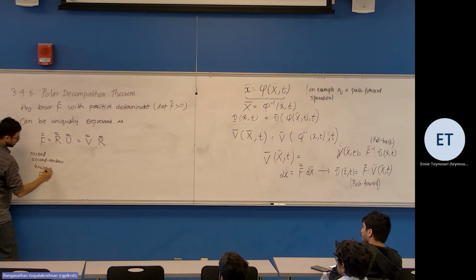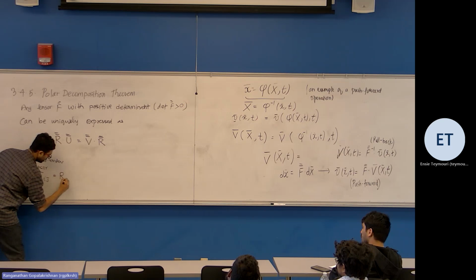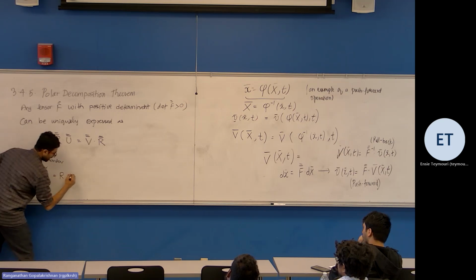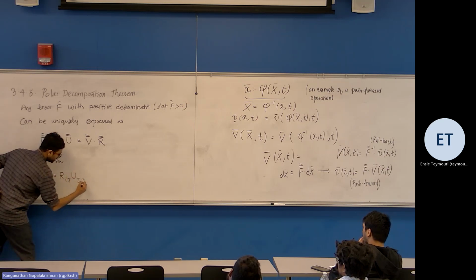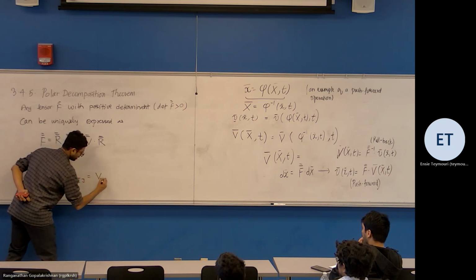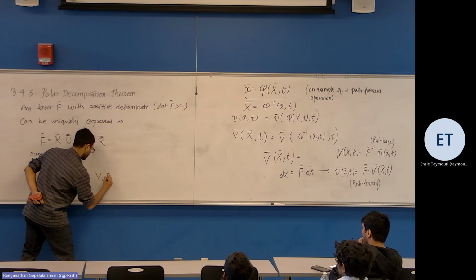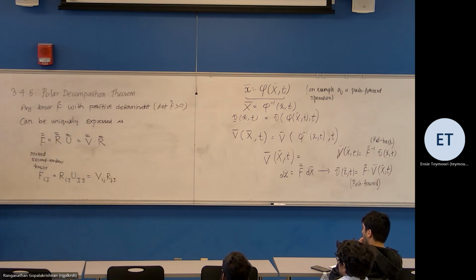We can write this equal to R_iI multiplied by U_IJ, and then V_ij times R_jJ. Yep, R_jJ.